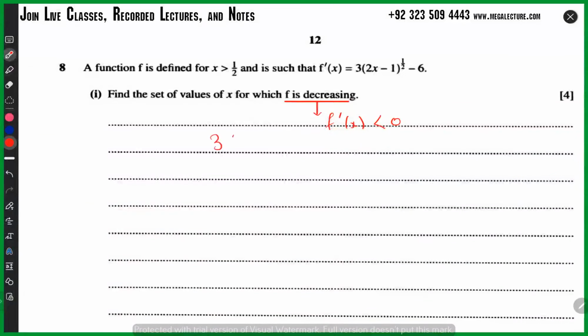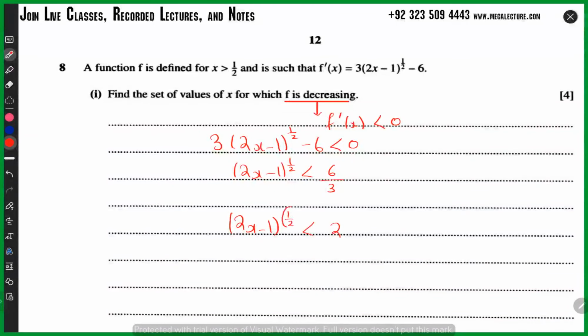3 into (2x minus 1) to the power 1 by 2 minus 6 is less than 0. I'm going to simplify this. (2x minus 1) power 1 by 2 is less than 6 divided by 3. I've taken 6 on the other side and then I've taken this 3 as well. This is going to give you (2x minus 1) to the power 1 by 2 is less than 2.